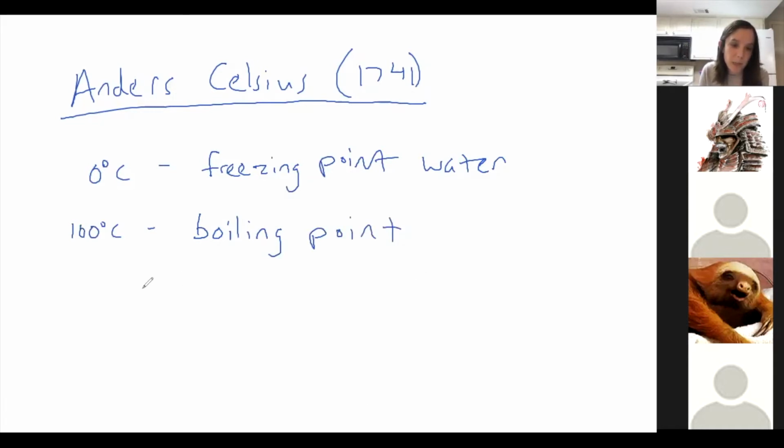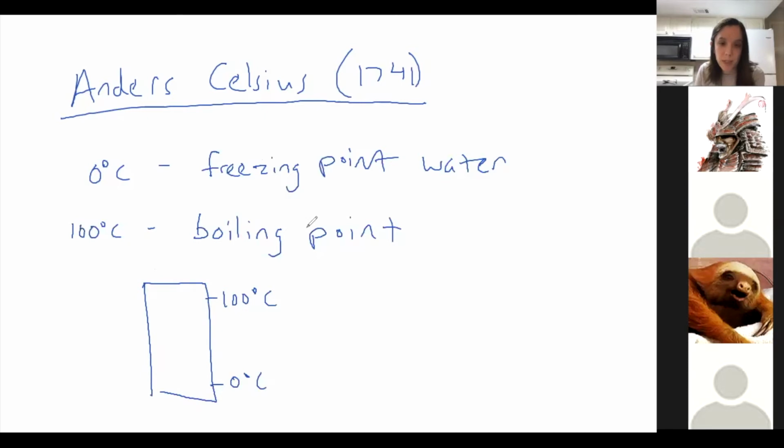And so he devised a temperature scale where he just said, okay, well, this is 100 degrees when water boils. This is 0 degrees when water freezes. And he'll just make 100 tick marks in between 0 to 100 to get 1 degree Celsius. So that's what his scale is based off of, the boiling point and freezing point of water.